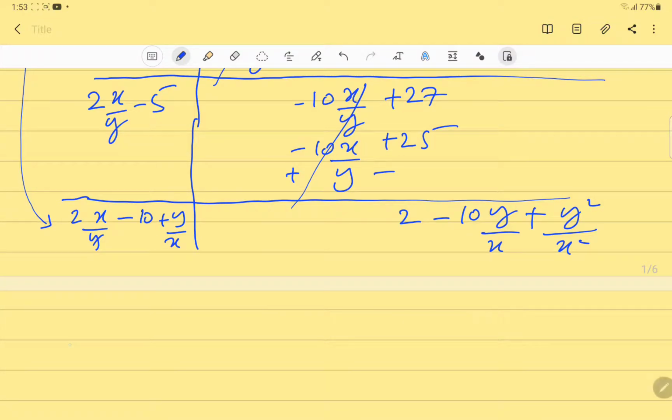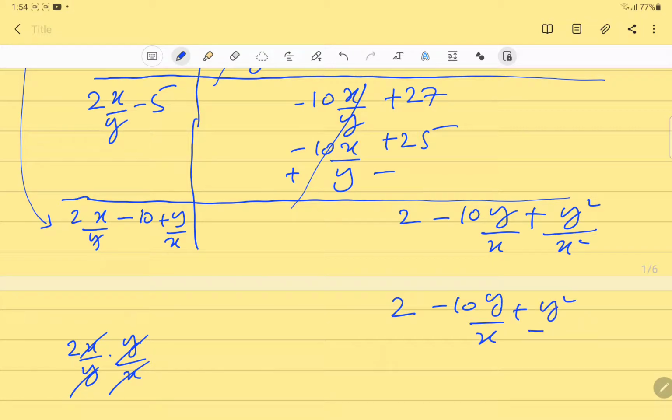let's do some rough work. We have 2x over y. When we multiply it with y over x, y cancels with y, x cancels with x. So we get here 2. Then when we multiply y over x with minus 10, we get minus 10y over x. And when we multiply y over x with y over x, we get y squared over x squared.